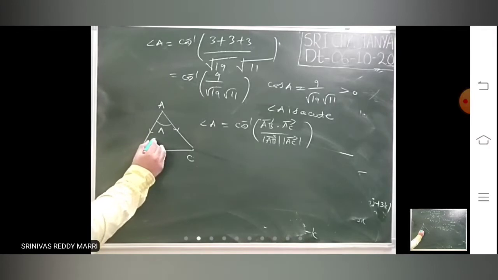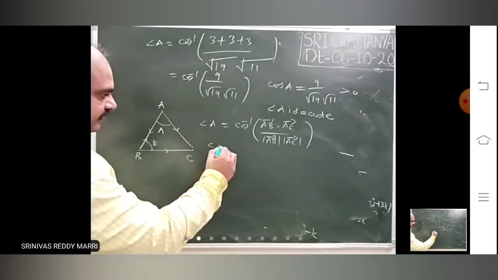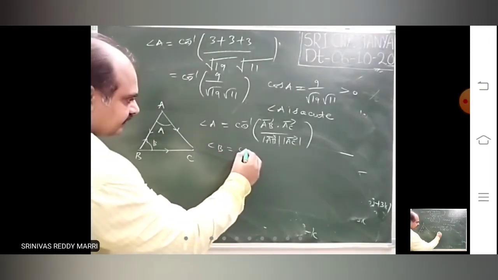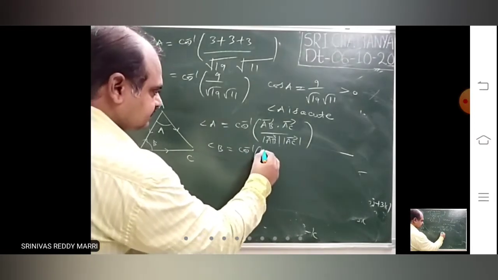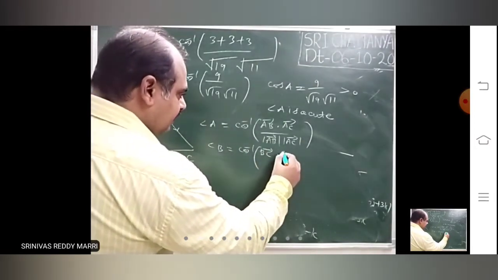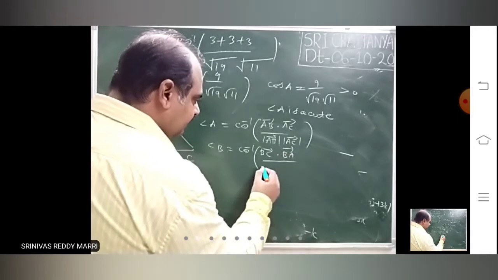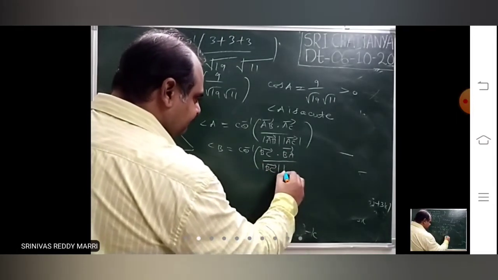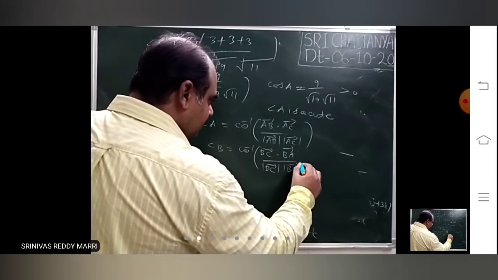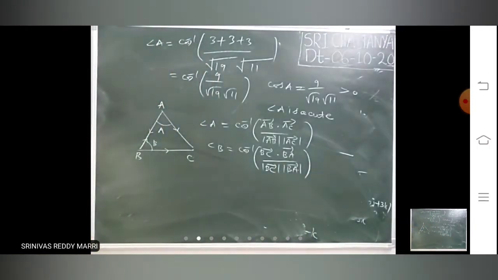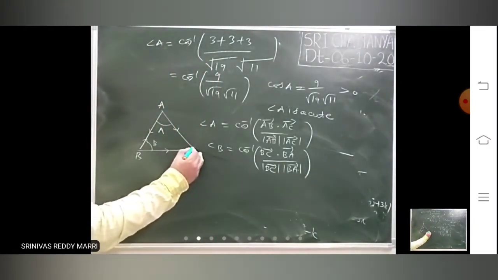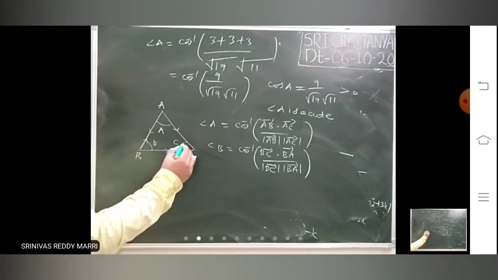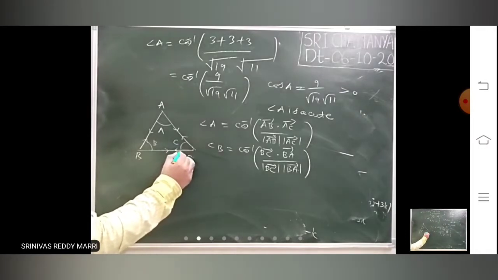Suppose you want to calculate angle B. From the initial point, you write this side vector and this side vector. So angle B is cos inverse of BC bar dot BA bar divided by modulus BC bar into modulus BA bar. Suppose you want to calculate angle C. From the initial point, draw the directions like this.